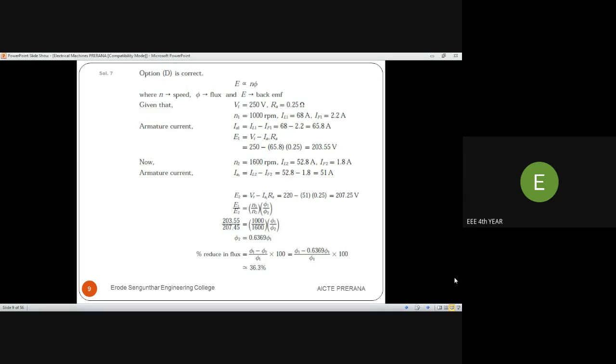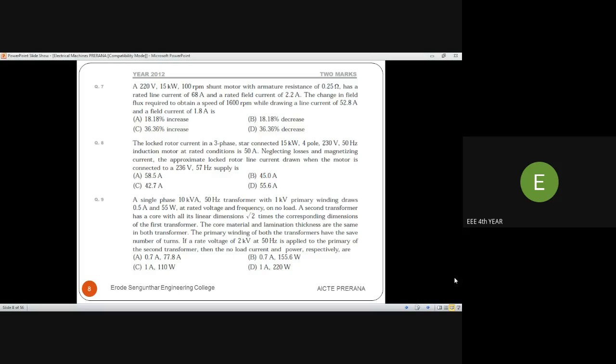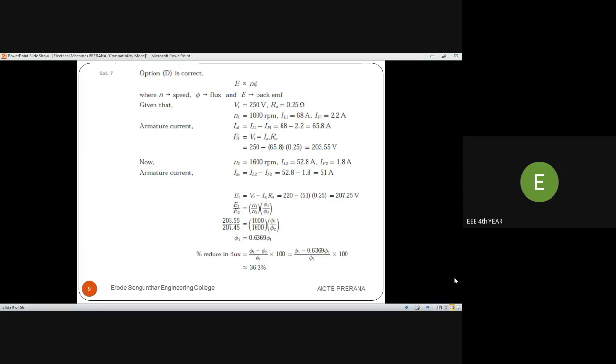Already given that value: terminal voltage 250 volt, armature resistance 0.25 ohm, N1 speed 1000 RPM, then load current or line current IL1 68 ampere, field current If1 2.2 ampere. So these parameters are already available in this question paper. Then we have to find out the armature current value. In case of DC shunt motor, Ia equal to IL minus If.